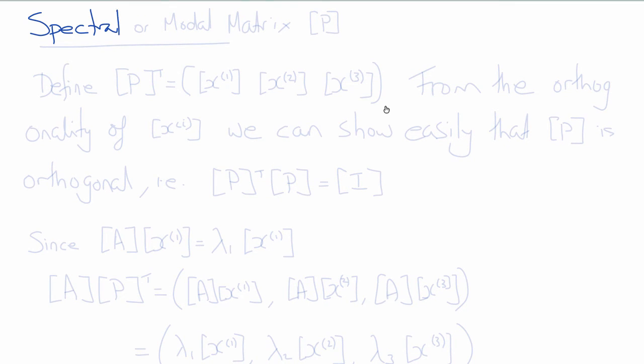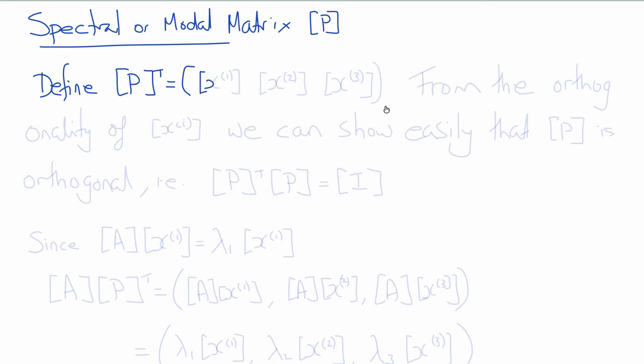Now if we stack the three eigenvectors as column matrices into one square matrix, then we get a special matrix called the spectral or modal matrix. Here I've defined it as P transpose is equal to x1, x2, x3.